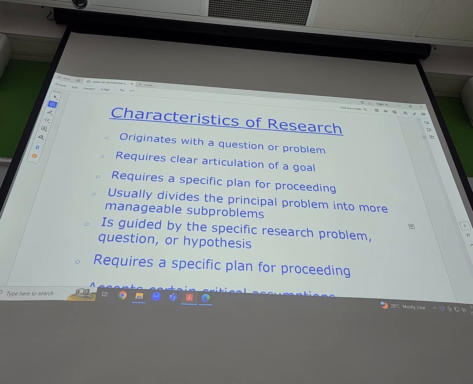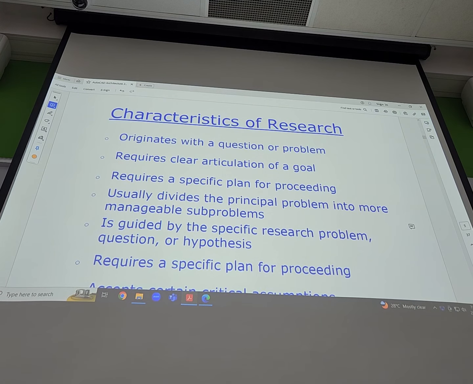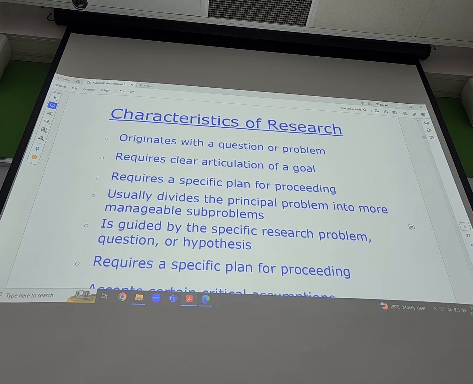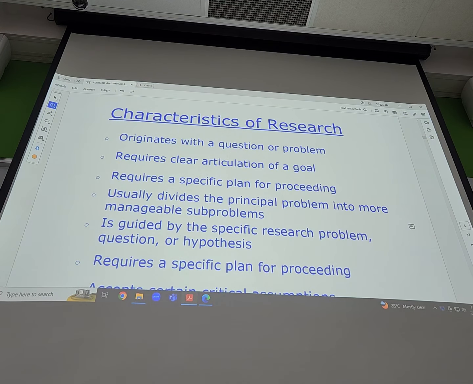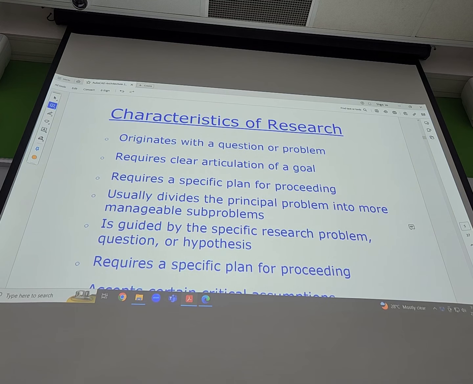Alright, so it requires a plan. Are you doing the management of design course? Not yet. Okay, you study some of these things in that course, how to plan things. There are tools you can use in planning.